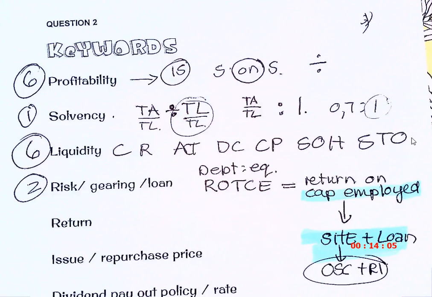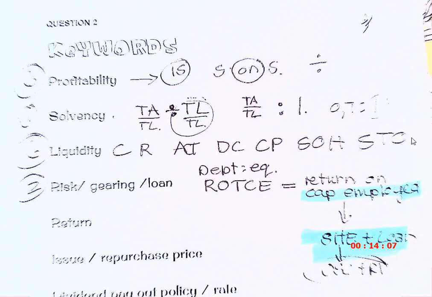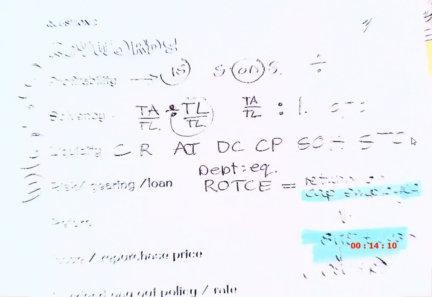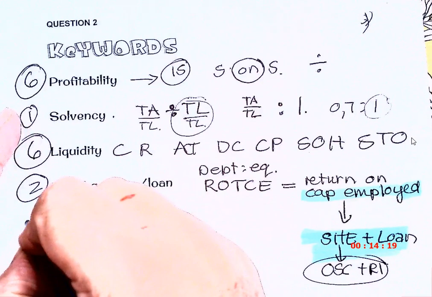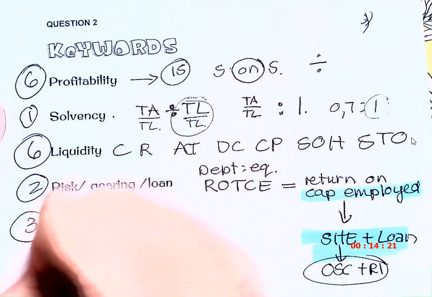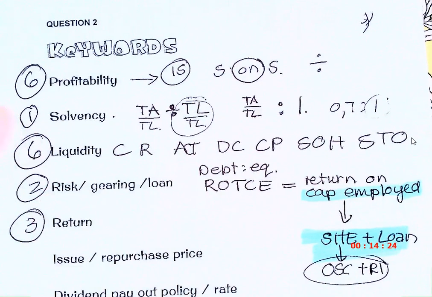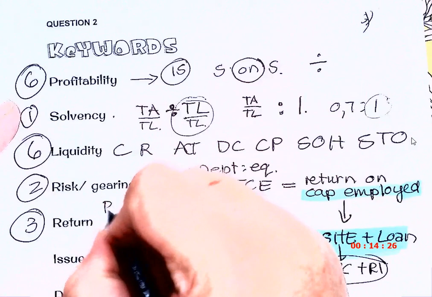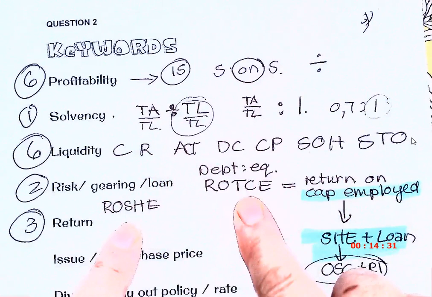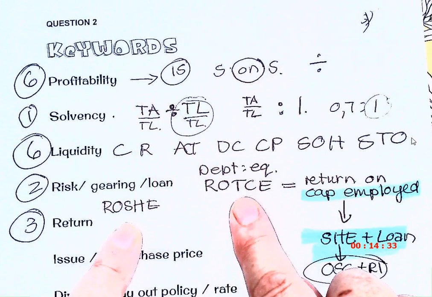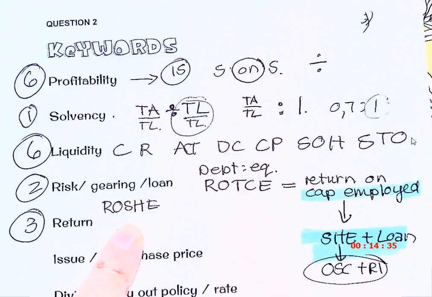So return is always about the shareholders, right? The shareholder wants to look at this and see, what am I getting out of the deal? So for return there are 3 ratios. Can you all pay attention? The first ratio is the ROSHI. Now don't confuse ROSHI with ROTCE. ROTCE has to do with the loan, so at the bottom it's SHE plus loan.